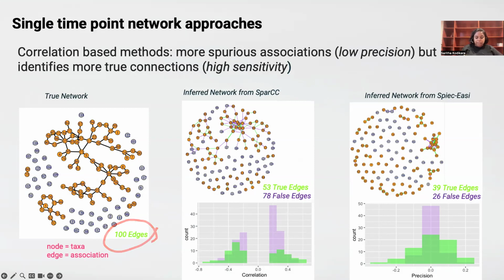What happens when you use a sparsity or correlation-based method is that you tend to pick up more edges, but there are also going to be a lot of false edges. This is happening because indirect correlations can be captured if you're using correlation.